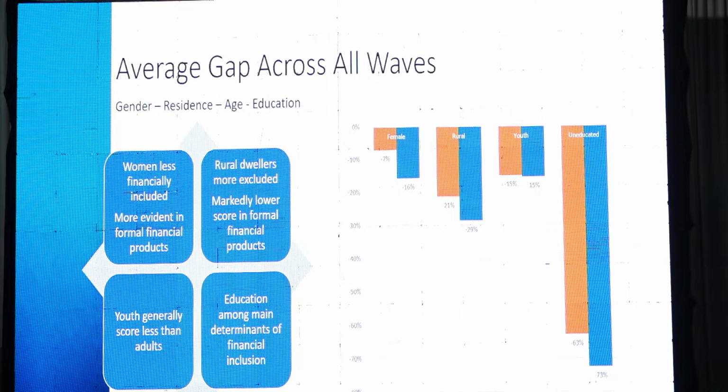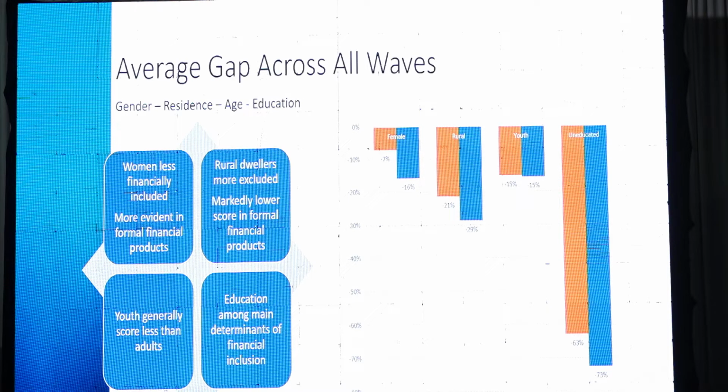And in a similar way, when we look at residence, we see that rural dwellers are in general more excluded relative to urban dwellers. And the similar thing for youth that generally score less than adults.